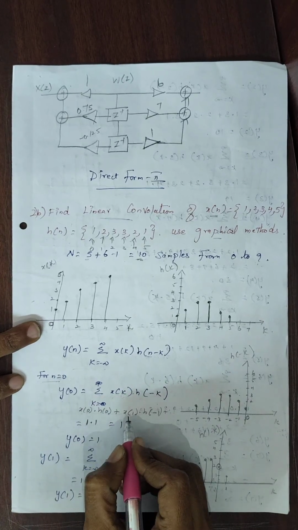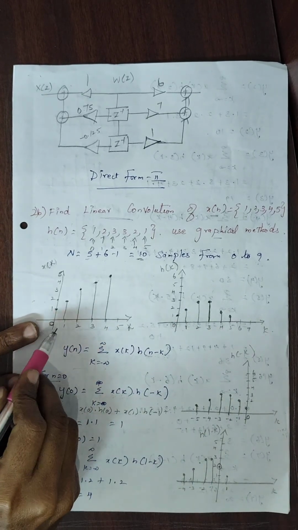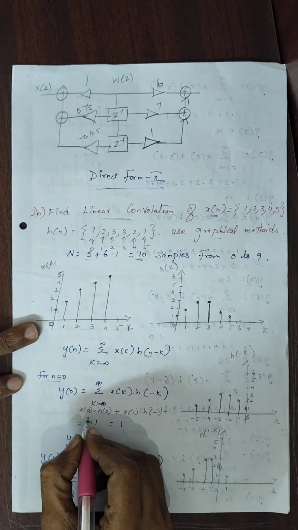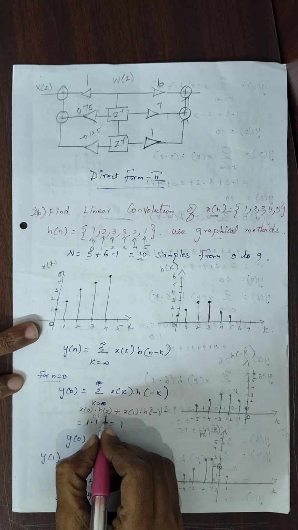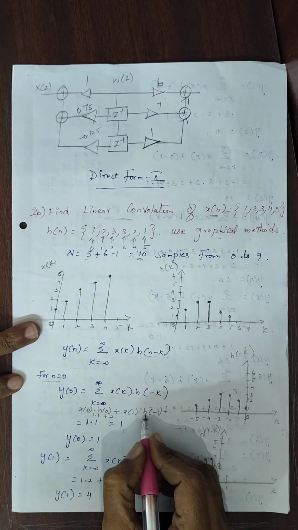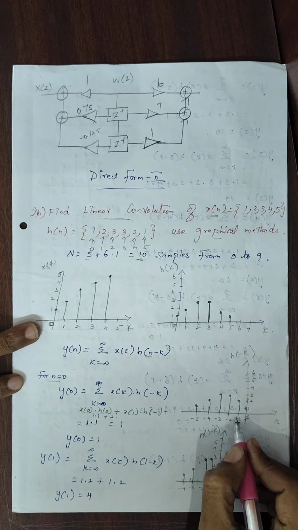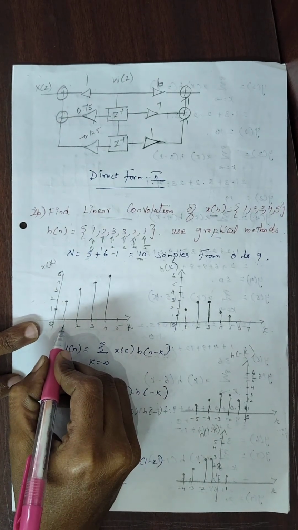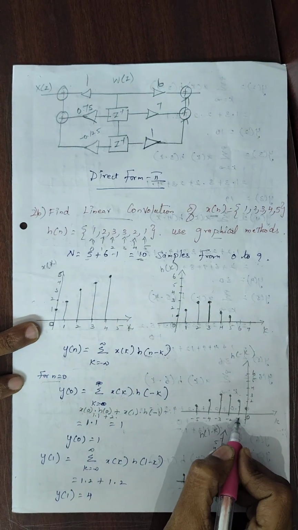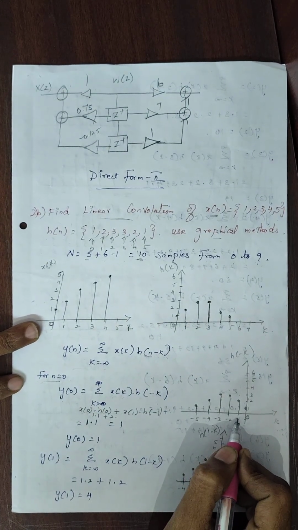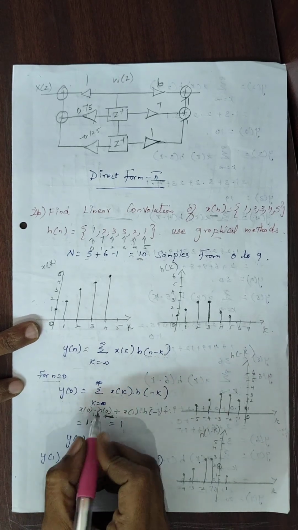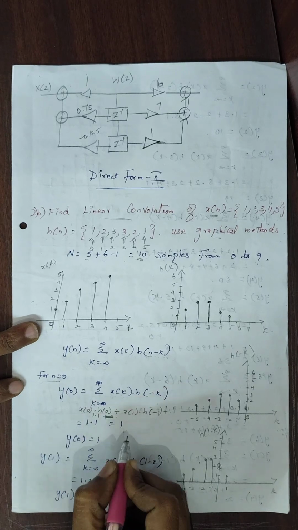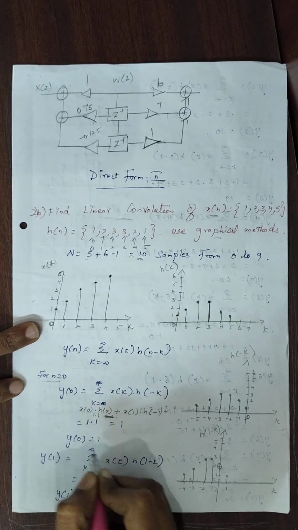Then x of 1, the amplitude is 2, so 2 dot h of minus 1. But the values are not common here. So we have 1 dot 1, the value is 1. So y of 0 is equal to 1.